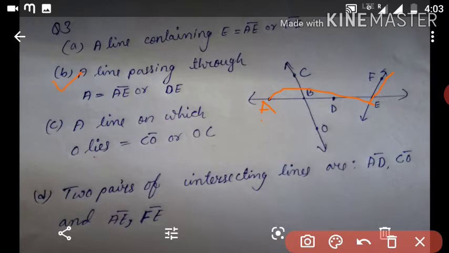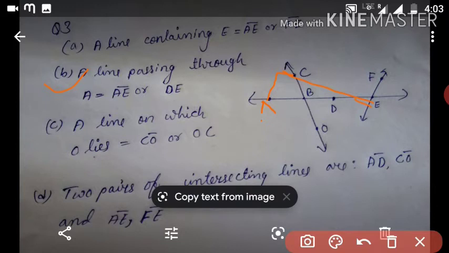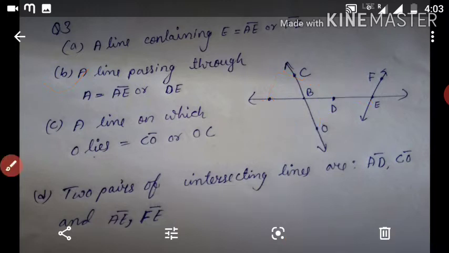Now next, B, a line passing through A. Which line is passing through A? AE, isn't it? AE, or the line AD, isn't it? AE or AD.